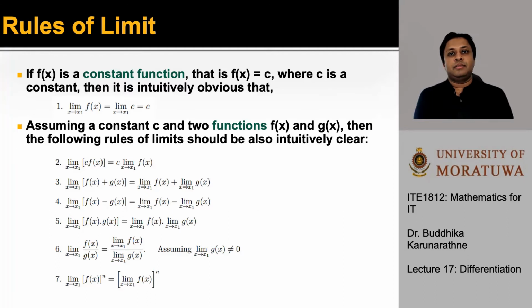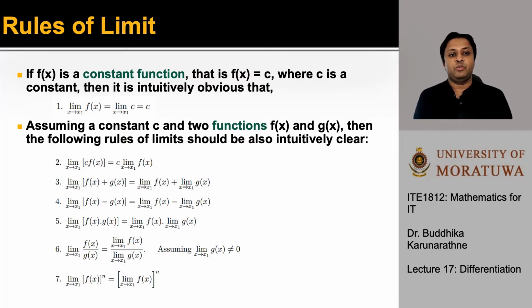But for the other instances, we can identify some of the rules that are applicable for the limit, assuming a constant c and two functions f(x) and g(x), then the following rules of limits should also be stated, and they are simple and straightforward.